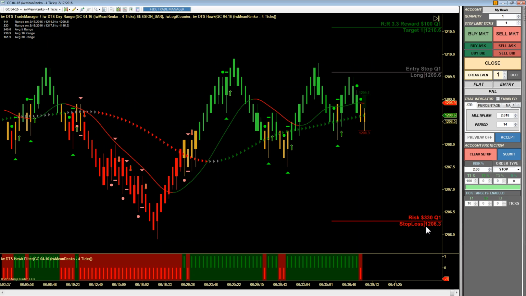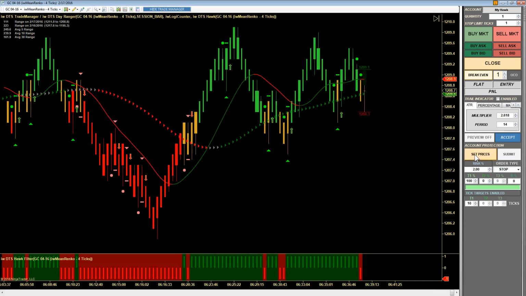See, I know that given my account size, 2%, I can risk about $300 on a trade. So the Trade Manager will always cap my risk at $300. So that enables me actually to place a decent stop on the trade, right? I don't need to strangle the trade fearing that I'm going to lose too much money.